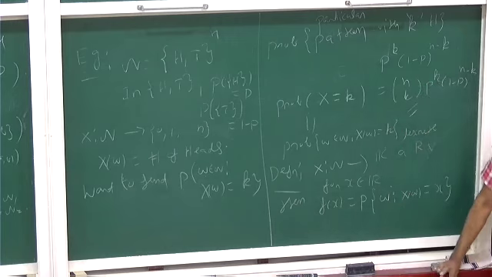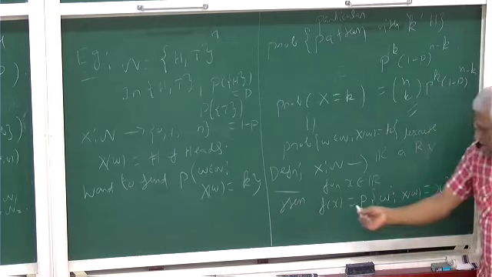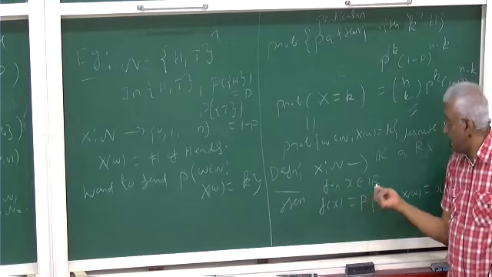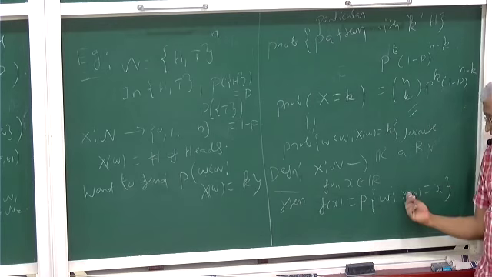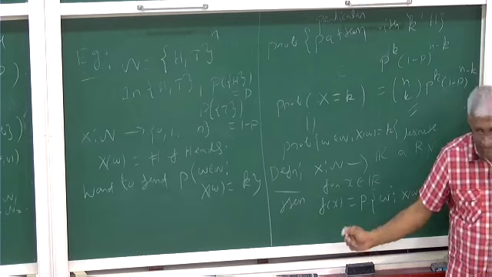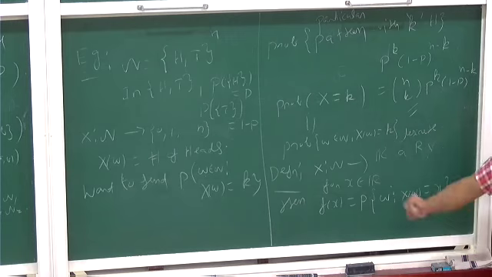We are only dealing with discrete random variables. Then you define, for x in R, f of x equal to this. We know it's a discrete random variable, so it will take only countably many values, x1, x2, and so on.